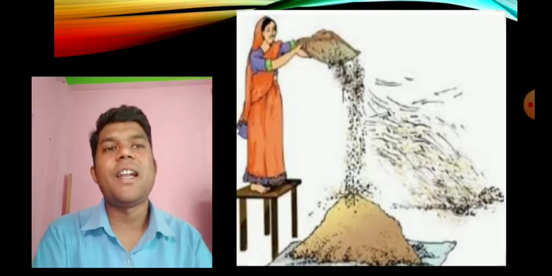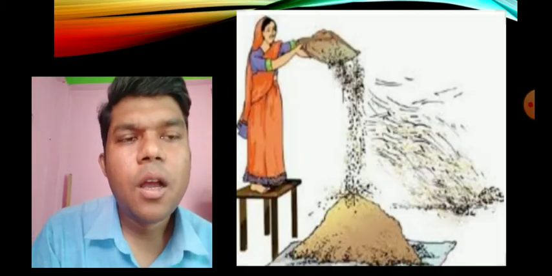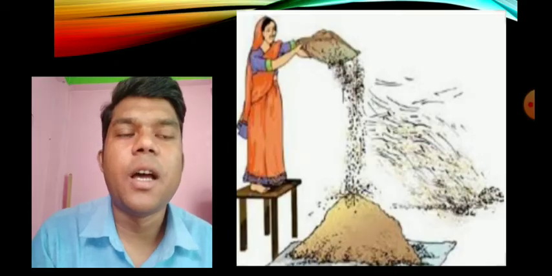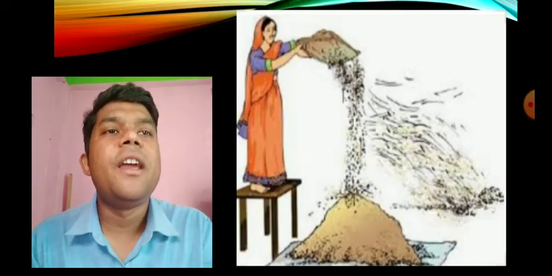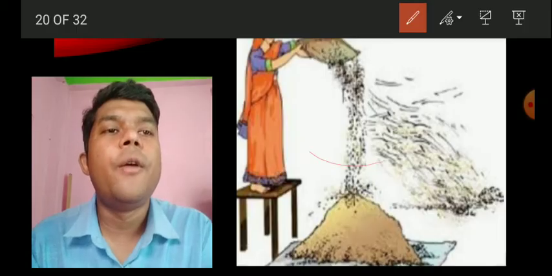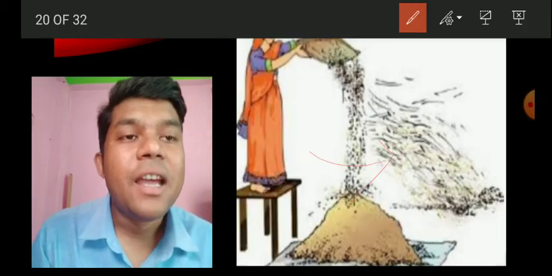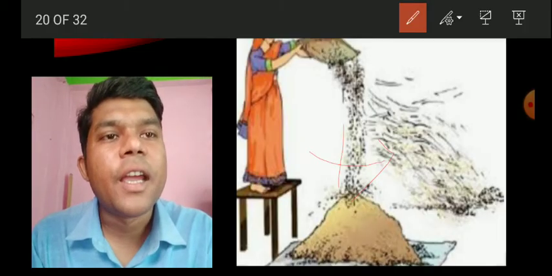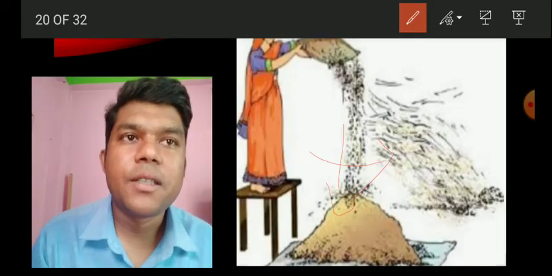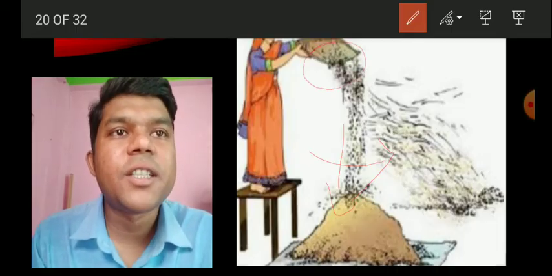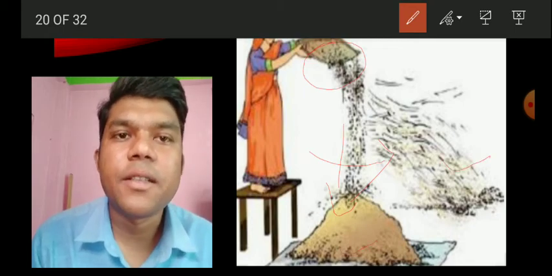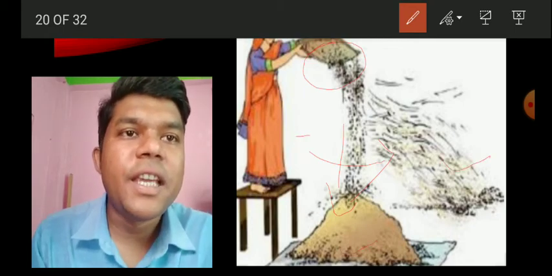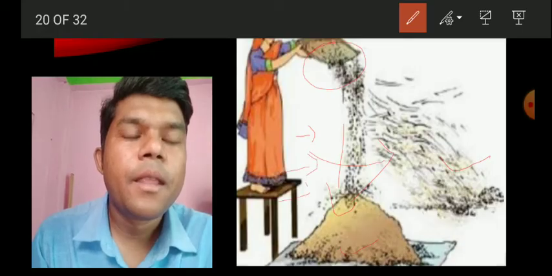You can see in the diagram, a woman is winnowing some grain seeds, and there are husks that are blown away with the air, and the heavier particles are falling down at a place. In the beginning, there is a mixture of lighter and heavier particles, but when air is blown, what happens?